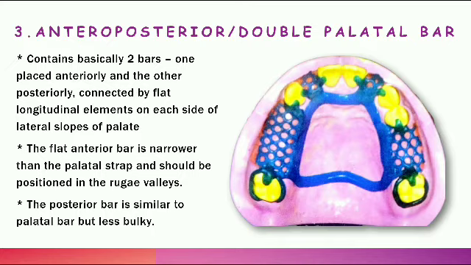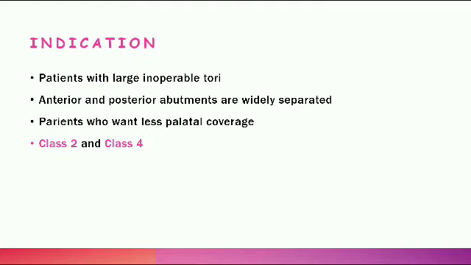Now we will be moving on to its indications. Suppose there is a large inoperable tori present in our palatal area. What can you do? We can go for double palatal bar, because there will be one bar placed anteriorly in the rugae valleys and another posterior bar, so it won't be covering your tori.